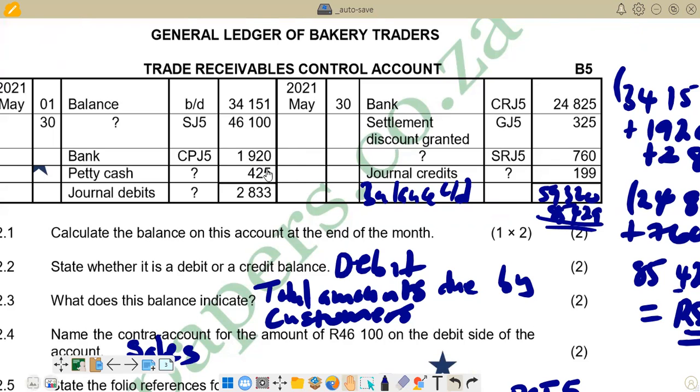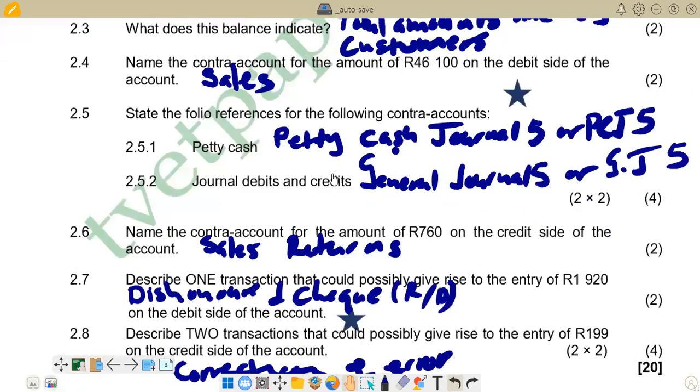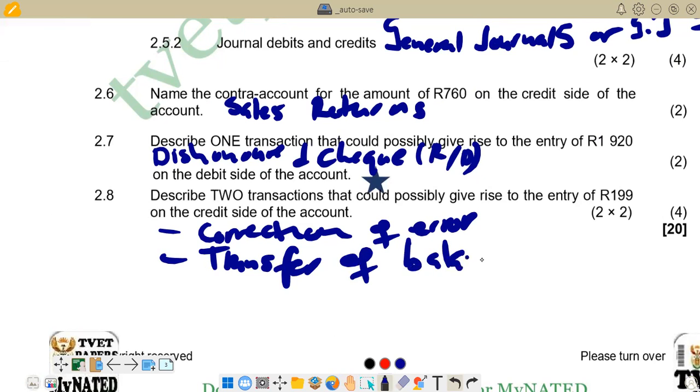We can remove the amount that the customer is owing, and it settles the amount that we are owing the customer. So we make a journal entry like this one. This can be another reason. So we can also state that it can be a transfer of balance.